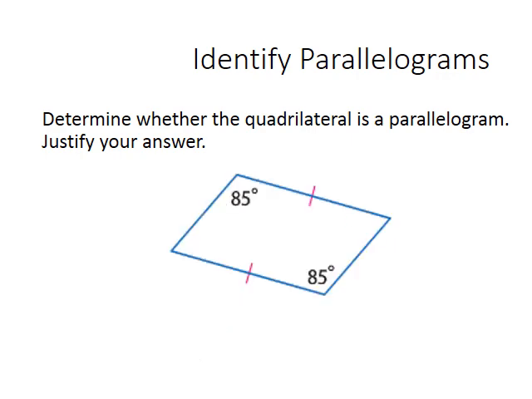Now, how do you think about this when you opened it? One pair of opposite sides is congruent, and one pair of opposite angles is congruent.